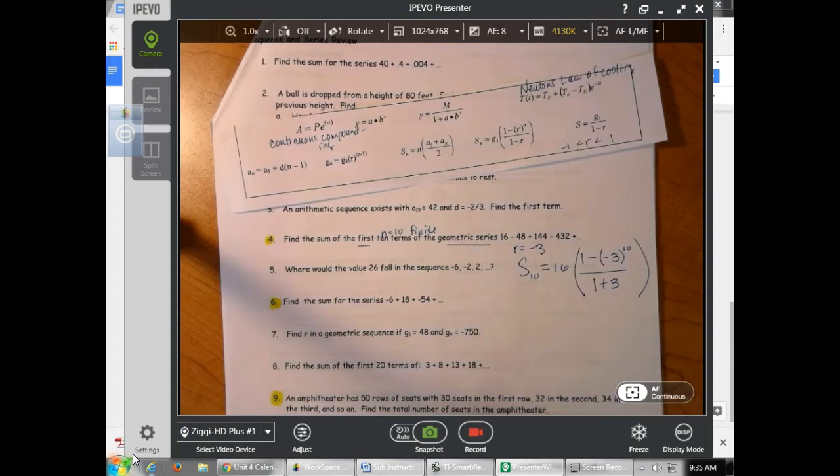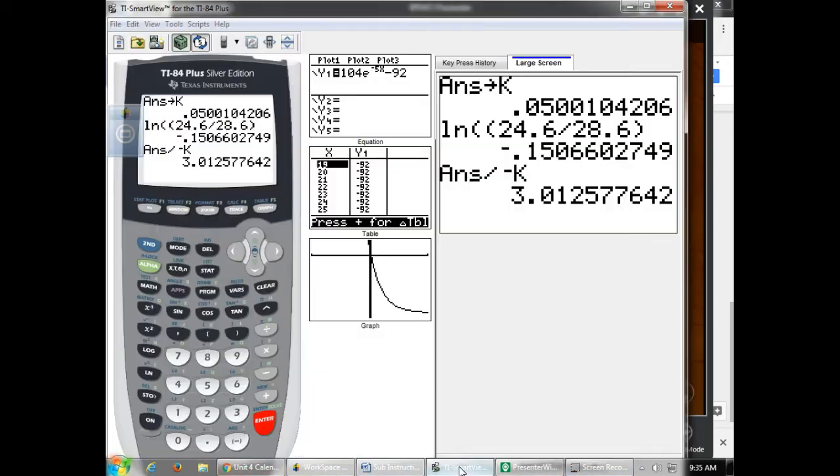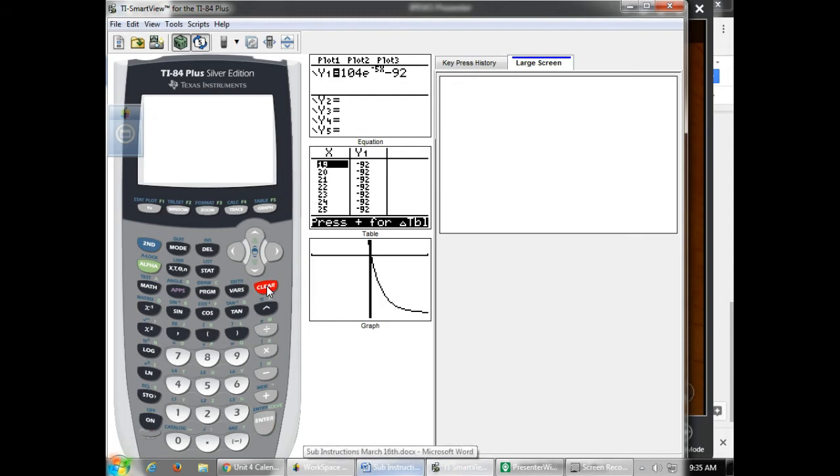So I'm going to use my calculator, and I'm going to show you how I walk through this process on the calculator. Okay, so there's a couple of ways you can do it. I like to do it step by step and not do too much all at one time. So I go ahead and do this piece of it. So 1 minus, and then be sure to use your parentheses there.